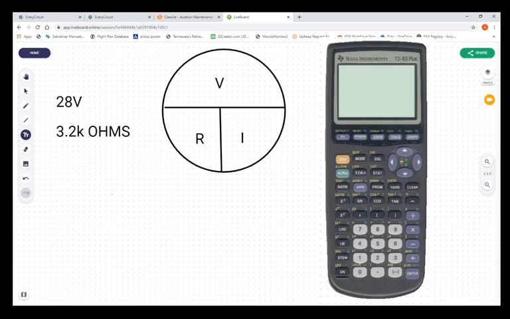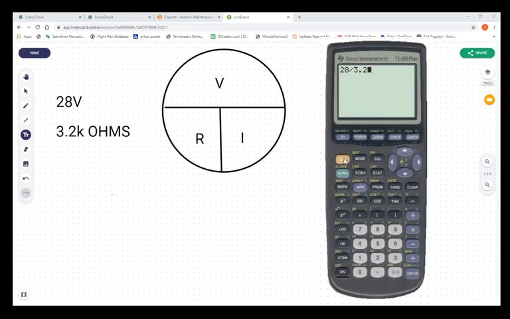Okay, so where's my calculator? Here's my calculator, okay? Turn my calculator on, and let's say 28 volts, and we're going to divide that by 3.2, all right? Now, here's the important part, guys. This is going to help a lot of you out. Instead of me saying 3.2000 accounting for all of those powers of 10 up to the kilo position, I'm going to make it easier.